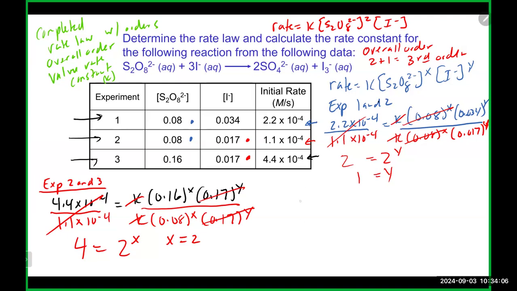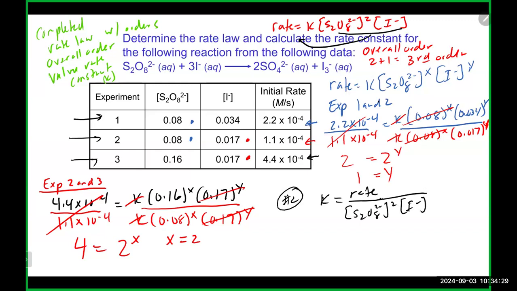So again, just for the fun of it, we'll do number 2. I'll put number 2's values into here. And in this case, I get to solve for K. I'm basically just going to take these and divide them to the other side. That will give me K is equal to the rate divided by [S2O8 2-] and [I-].